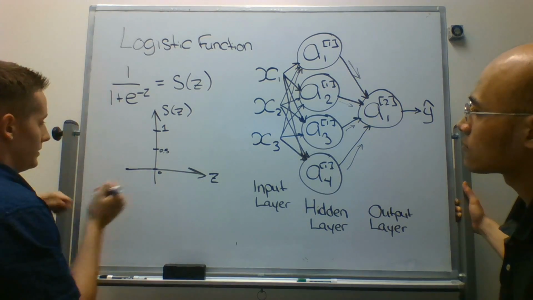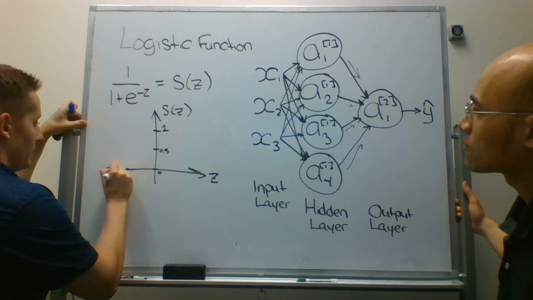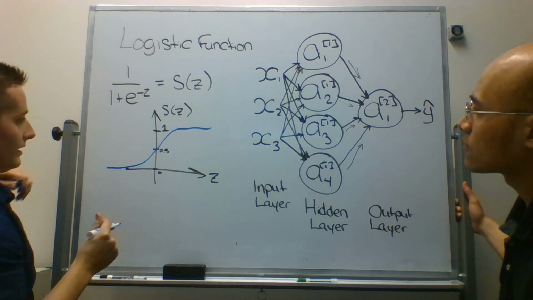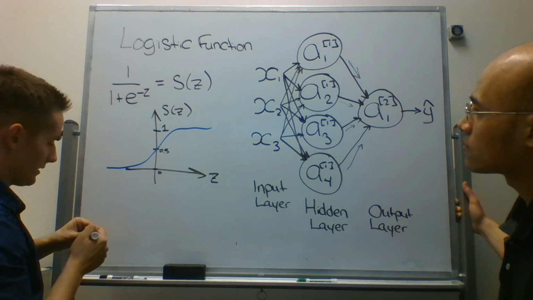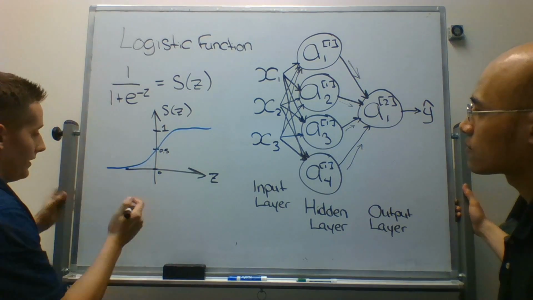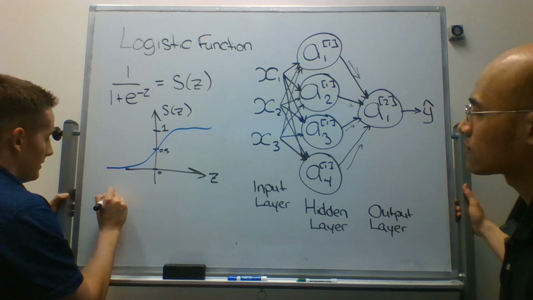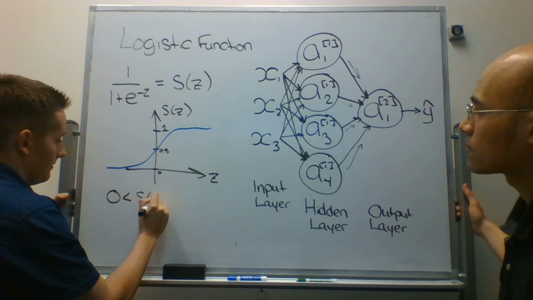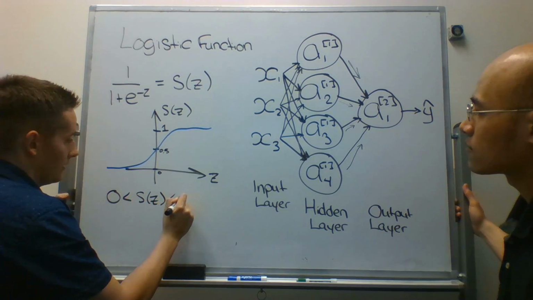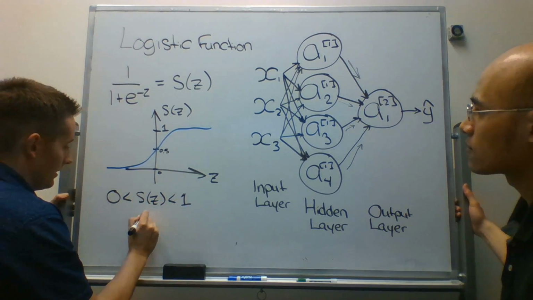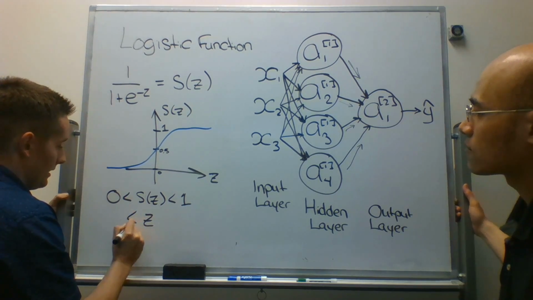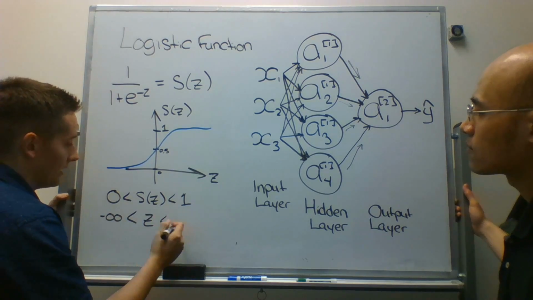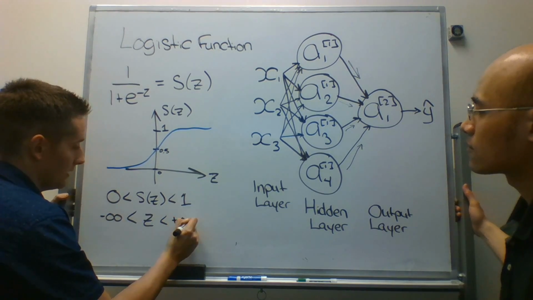So I'll draw our nice S shape that goes through y at 0.5 and asymptotes at 0 and 1. One more thing to write here is 0 is less than s of z, is less than 1, where z is greater than negative infinity and less than positive infinity.